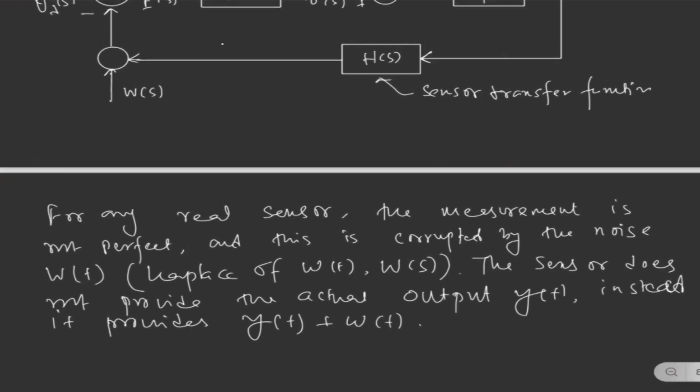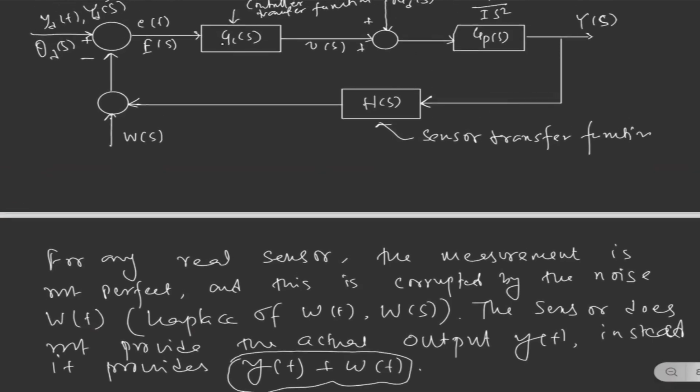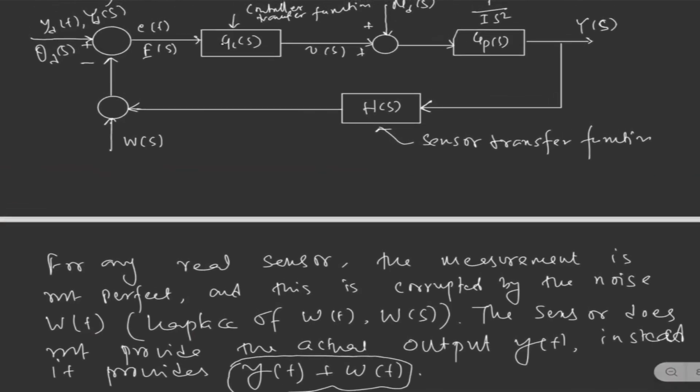So this is actually the feedback signal going to this summing point. So if I say this is my Y(s), this is plus, this is also plus. So at this terminal, the input to the summing block is basically Y(s) plus W(s).